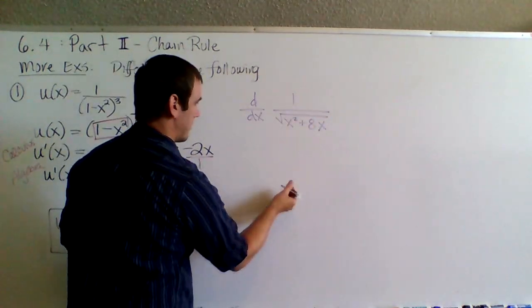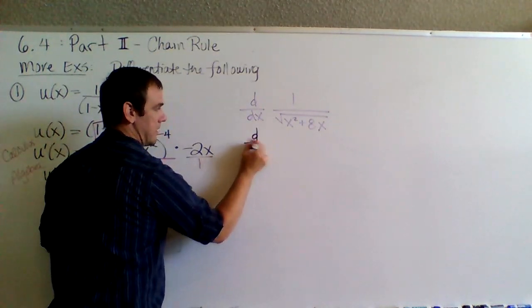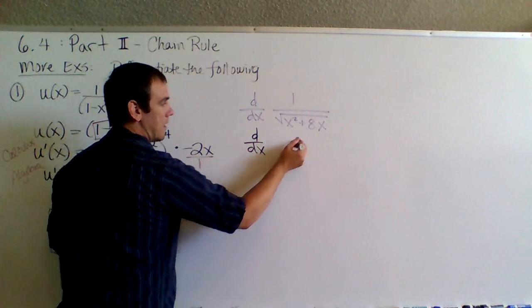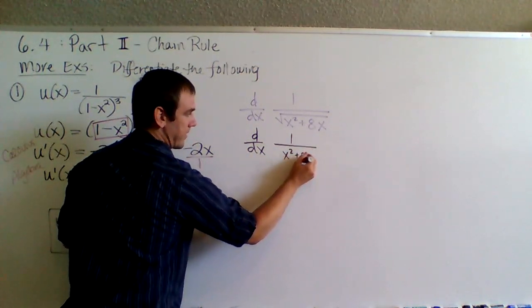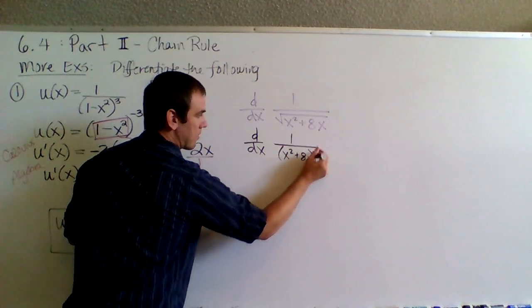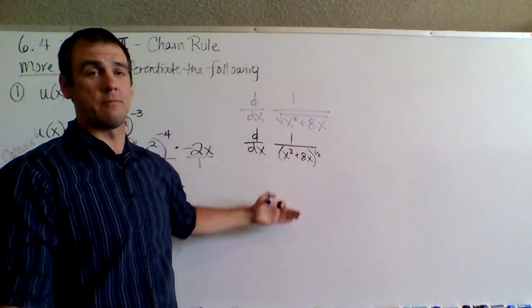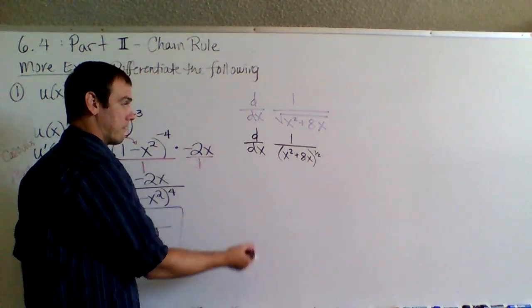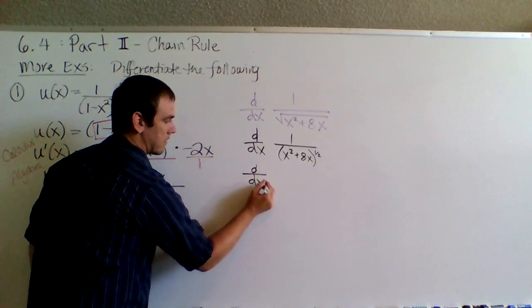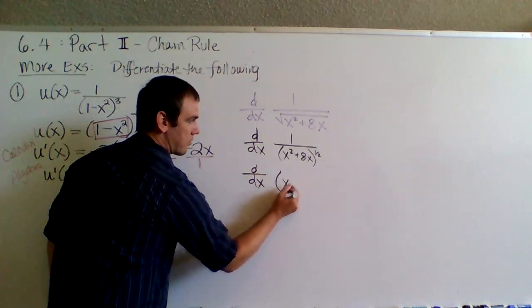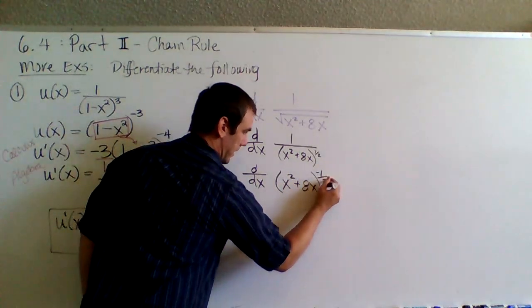Basically, this is really d dx of 1 over x squared plus 8x to the 1/2 power. I can then bring that up to the top and get rid of my fraction by saying to the negative 1/2 power. So here I got d dx of x squared plus 8x now to the negative 1/2.